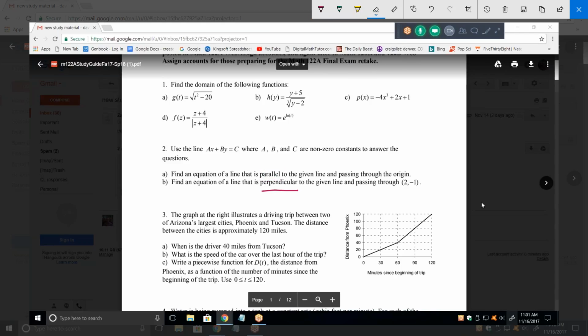So let's generically figure out what the slope of this line is. In other words, they didn't give us any A, B, or C, but I can still solve for slope. What do I have to do to that to solve it for slope? Make everything equal to y. Okay, solve that for y.